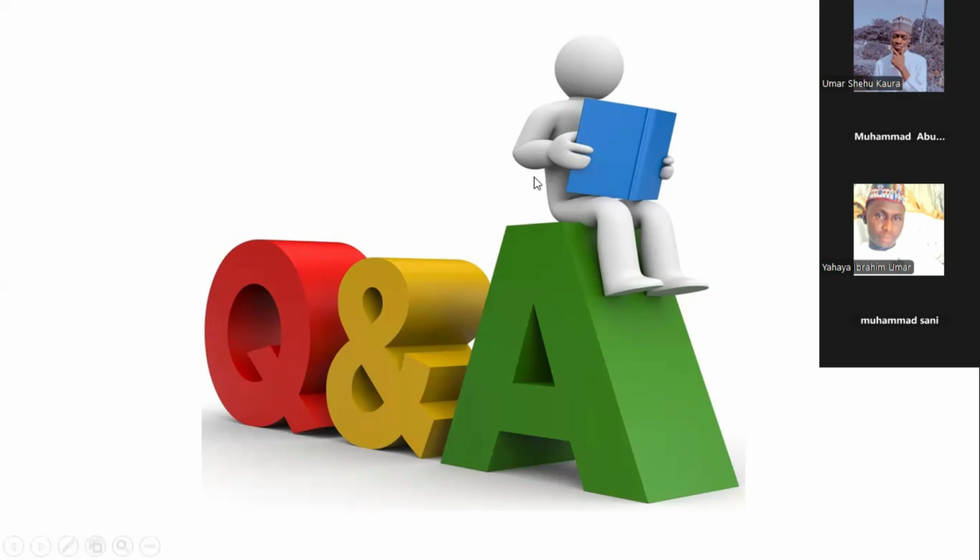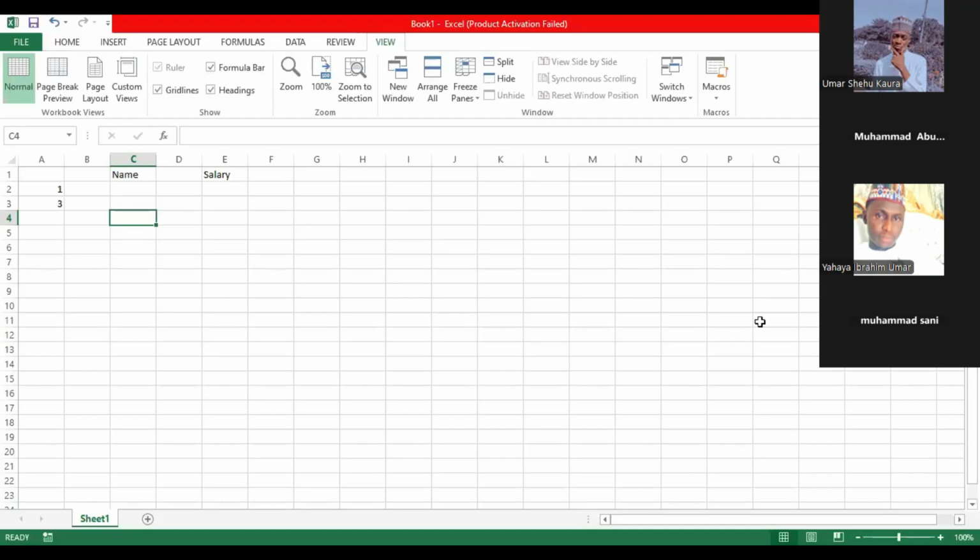Let me share the screen. I really like this question that you asked. For me to prove that these grid lines are just overlaid on top of the screen for you to be able to locate your cells, rows and columns.